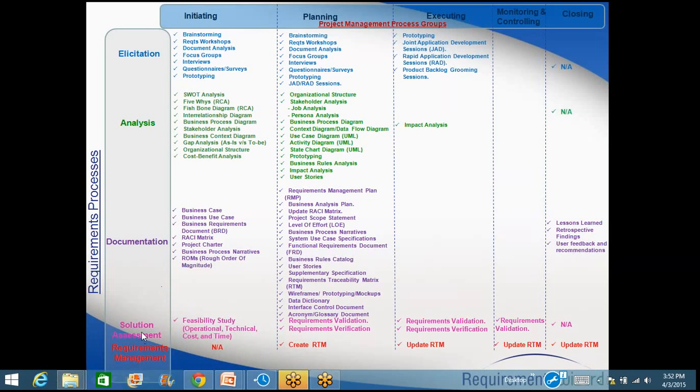Similarly, with the solution assessment, what needs to be done in order to make sure that the stakeholder requirements are met and the goal of the project is being met. So you have these different tools and techniques you can be using. Similarly, for each different phase.